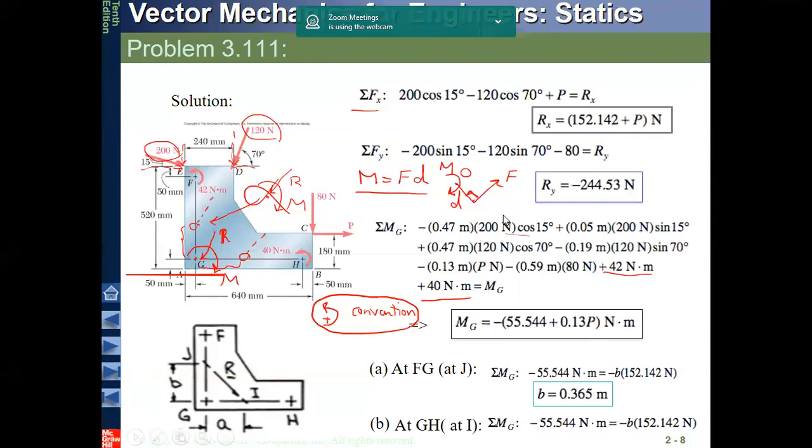No, it's not the same. Well, you can calculate that, but it's not necessarily the same thing.